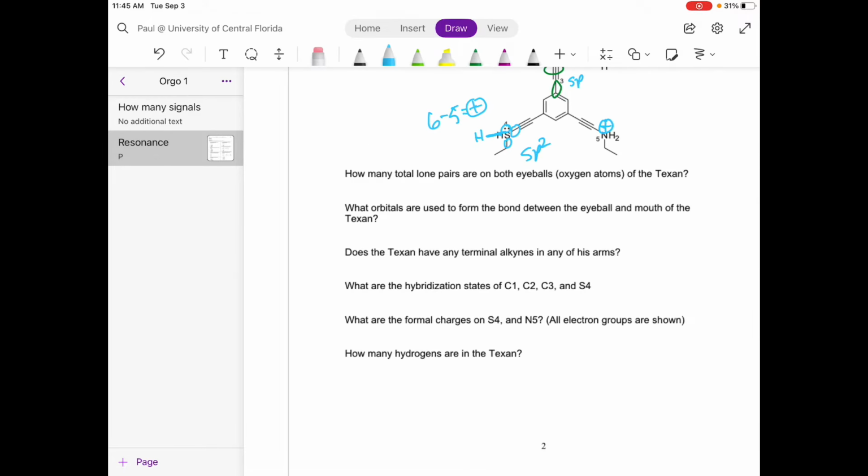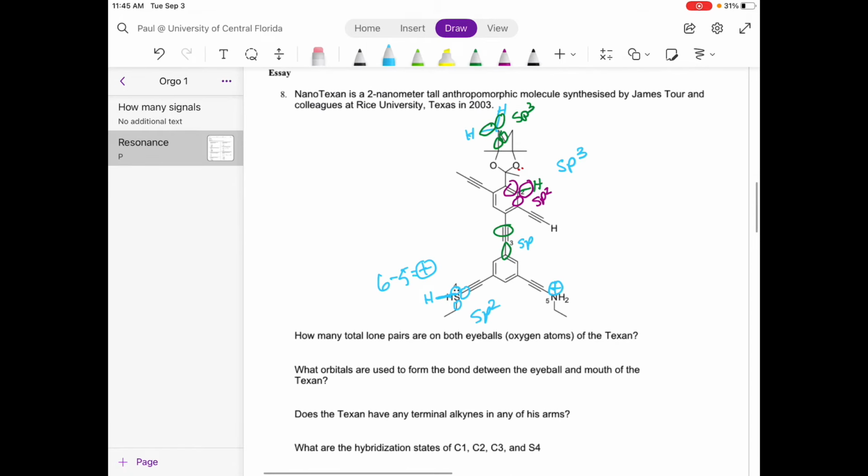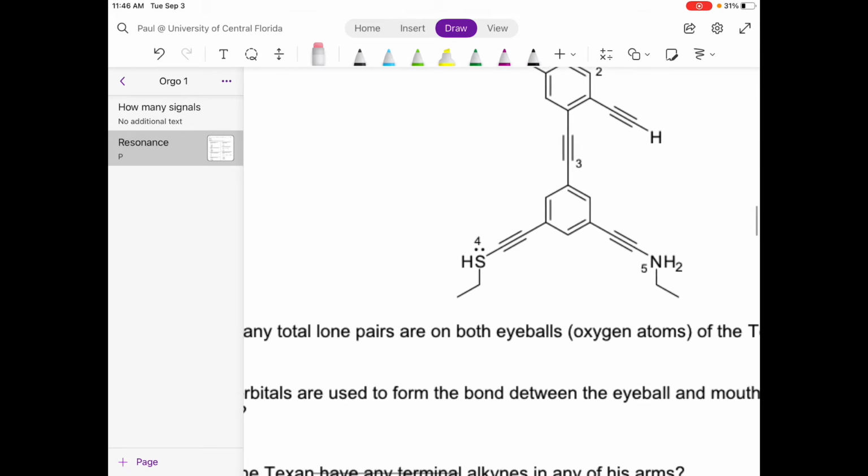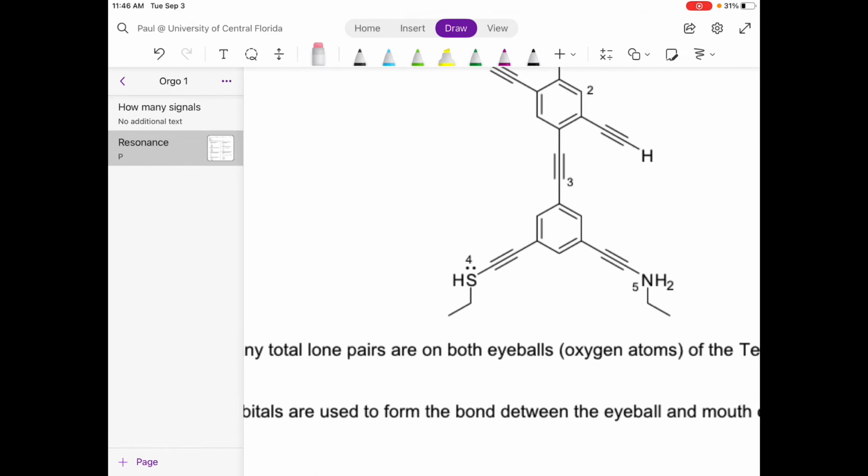How many hydrogens are on the Taxol? It's not hard, it's just a big molecule, so we have to be very careful when we're counting. So let's zoom in and label them in purple, but I'm not going to draw out the hydrogens because it takes too long. So I'm just going to do tick marks.